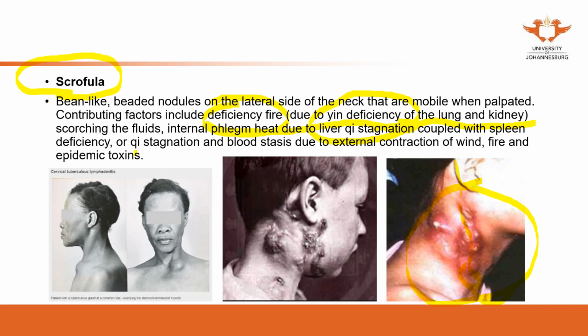It also can be qi stagnation and blood stasis. Why can we explain it with qi stagnation? That's very similar to the goiter we just introduced. That's because of the swollen area, a certain area of the body becomes bigger. It is very similar to a balloon.